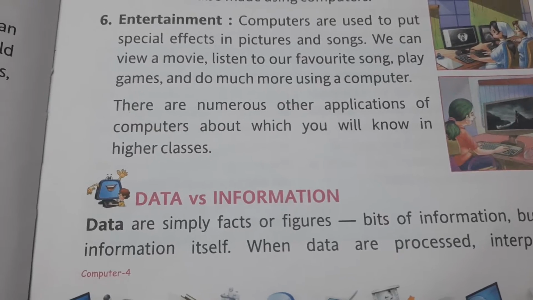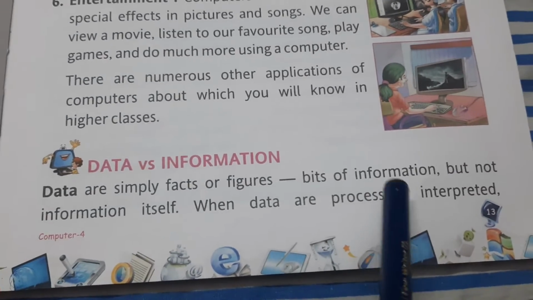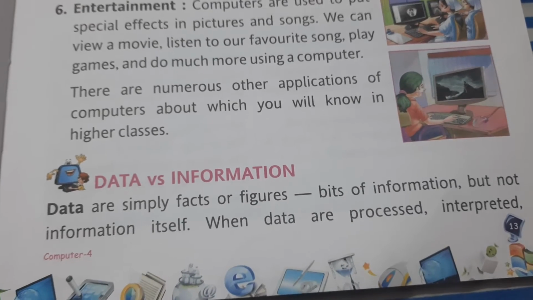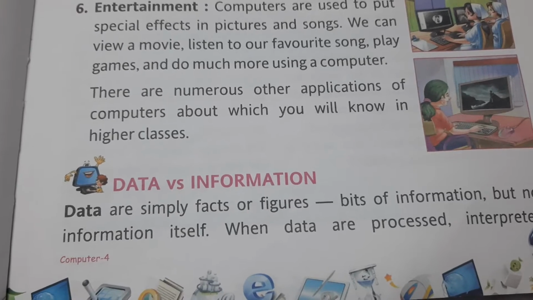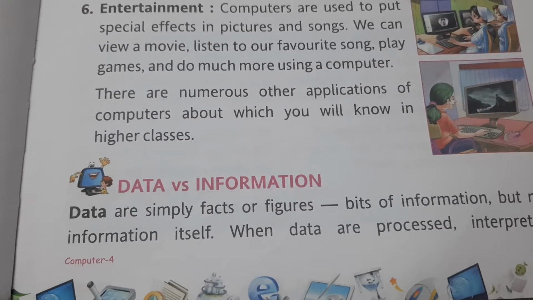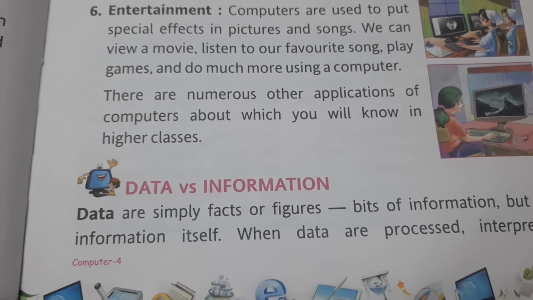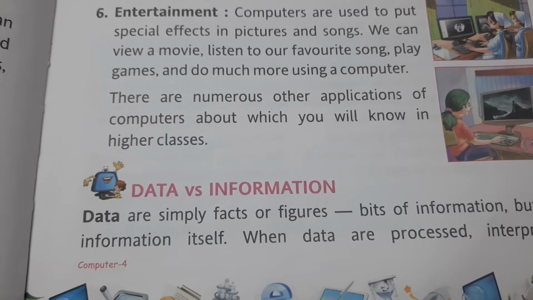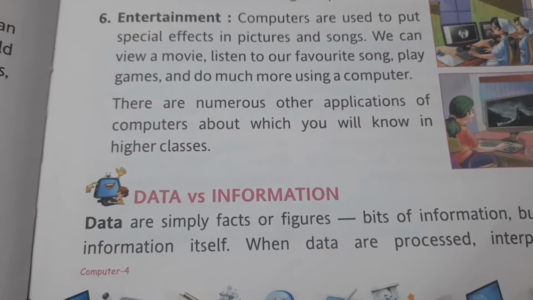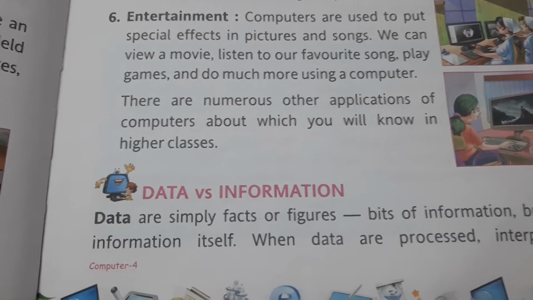They are bits of information, means it is not that they do not contain any information. Like suppose if I enter your details into the computer, then they are information in themselves, but when they combine with other data, they produce comprehensive information, means the complete information about something.